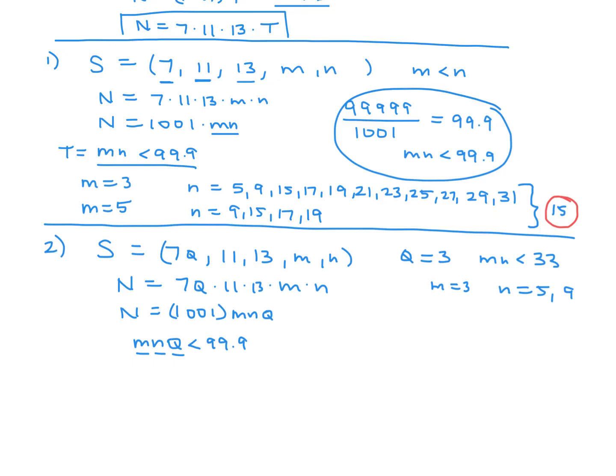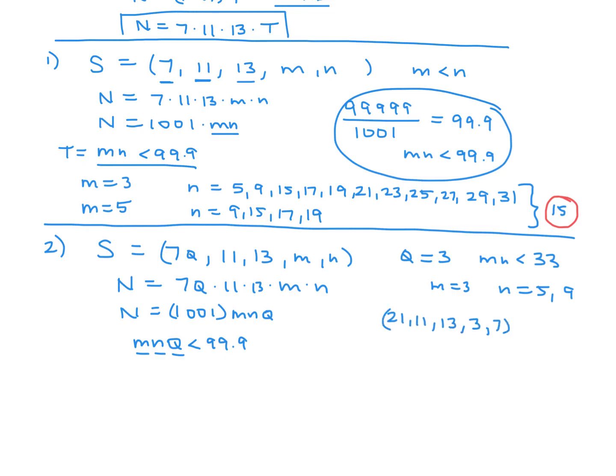Well, actually, if you use 7, let's see here. Yeah, I believe when you use n equals 7, you get a case that's already used up here. So if I use n equals 7, with q equals 3, it would be 21, 11, 13, 3, and 7.